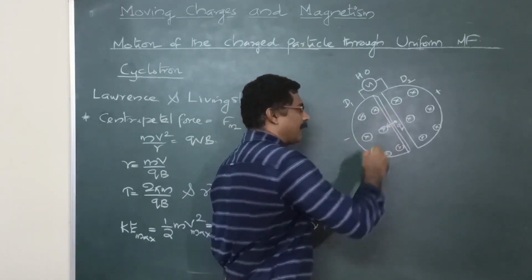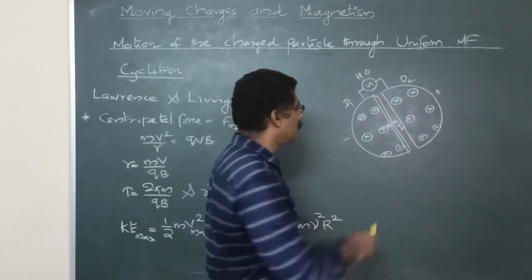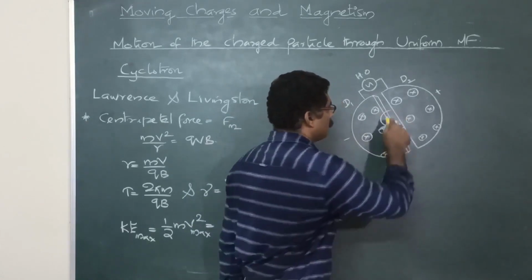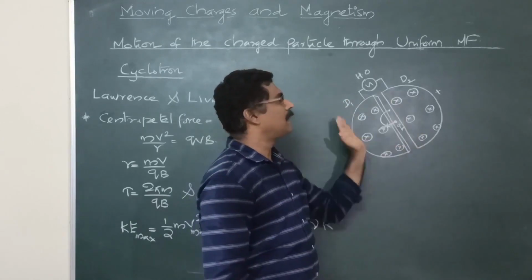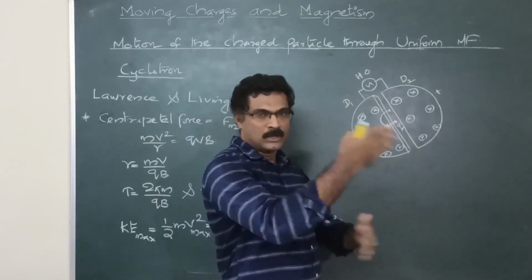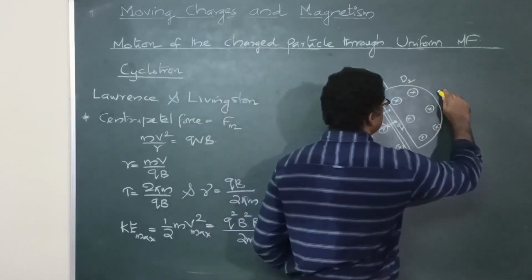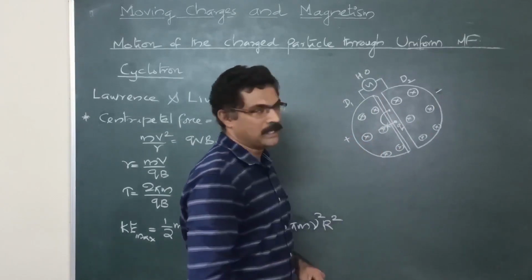A perpendicular magnetic field. So it will describe a circular path and after completing a semicircular path, it reaches the gap again. At the same time, you reverse the potential. Now D2 is at negative potential and D1 is at positive potential.